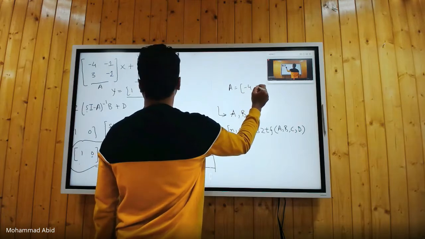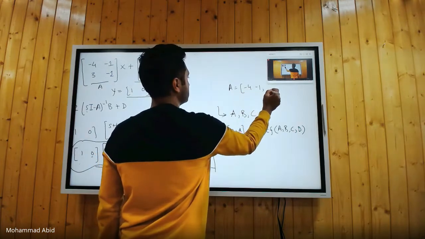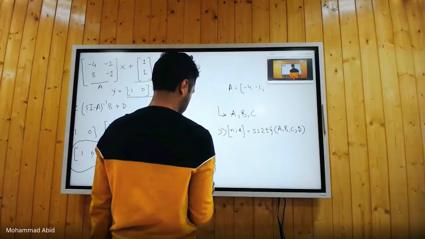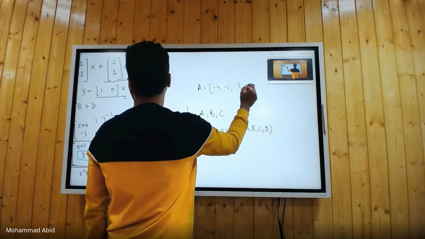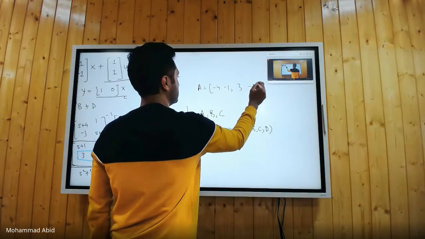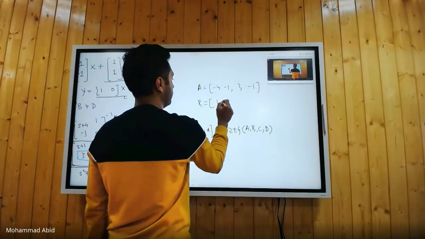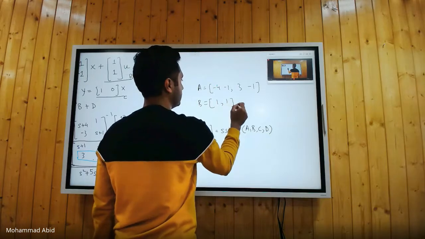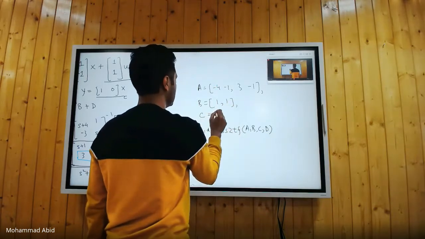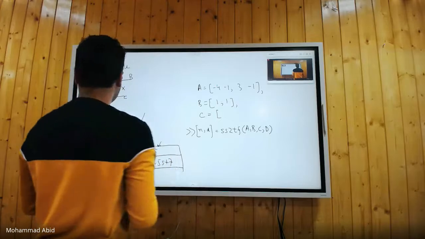A will be -4, -1, 3, -1. You have to store B as well, 1 and 1, and you have to store C as well. C is 1, 0.